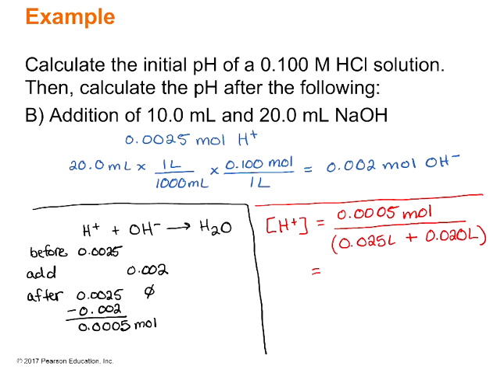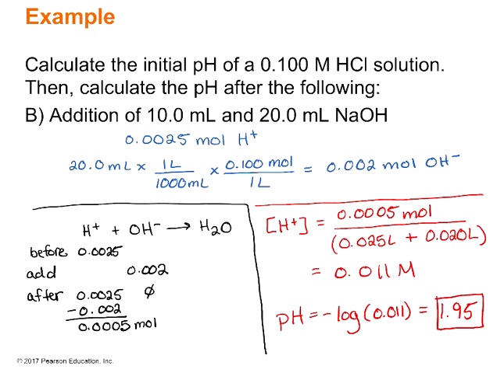Okay, so let's determine the pH, the concentration would be 0.011 moles per liter. So now we can determine the pH. If we take the negative log of 0.011, we get a pH of 1.95. Okay, so the pH has increased a little bit more compared to the last addition of NaOH, but it's still pretty low.